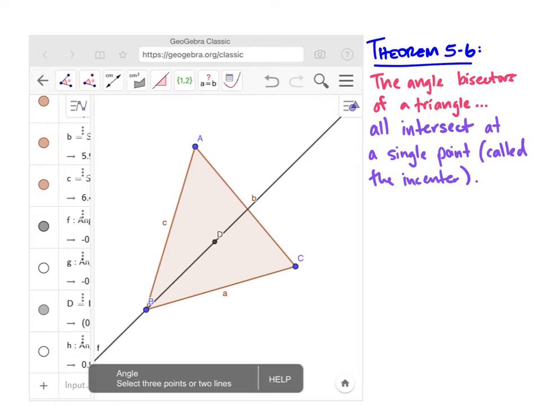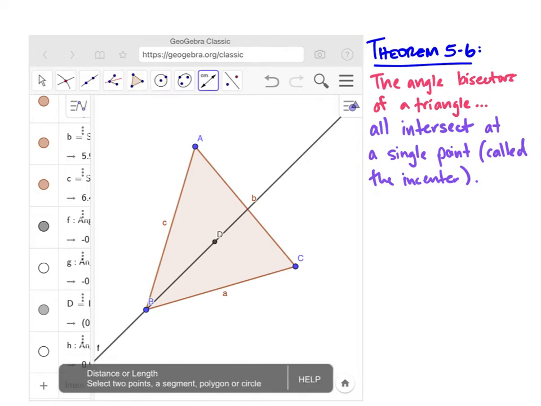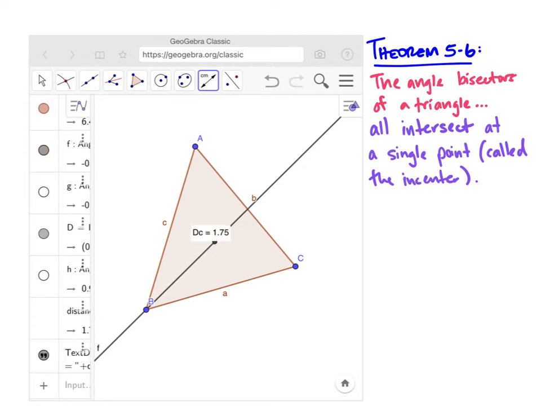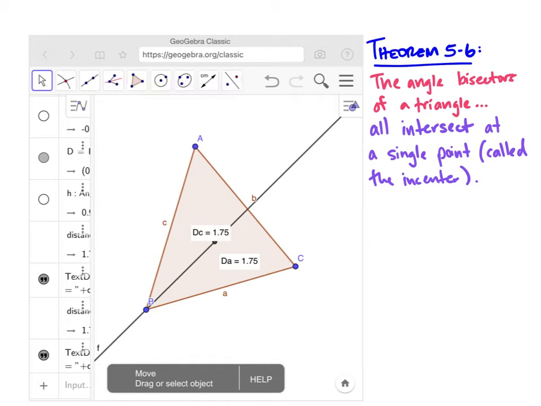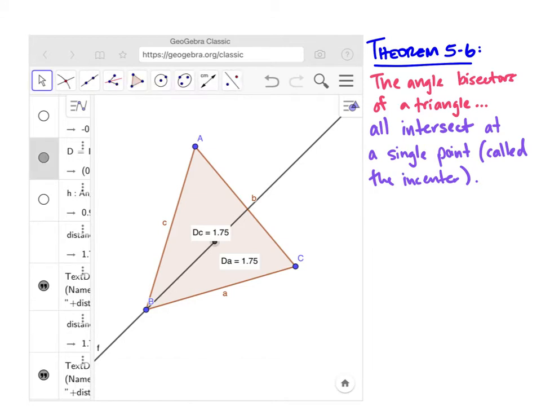I'm going to measure the distance between point D and side C, and I'm going to measure the distance between point D and side A, and you're going to notice that those two distances ended up being the same, which is what we would expect, right? We would expect that since point D is on the bisector of angle B, that point D would be equidistant from both sides of that angle.